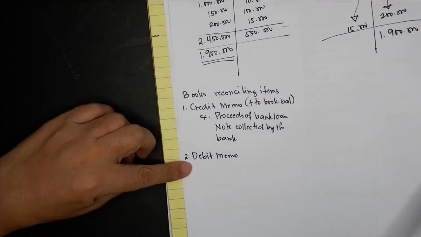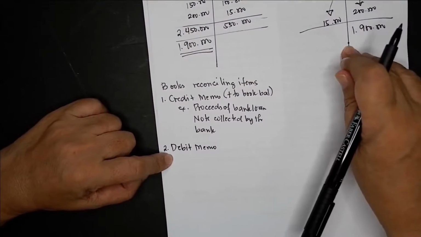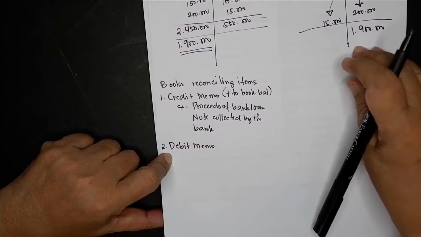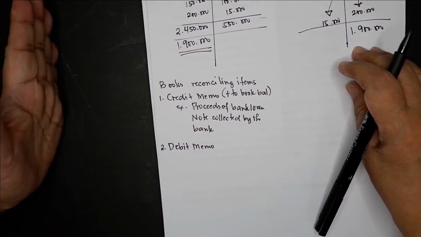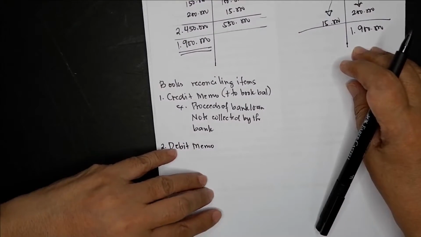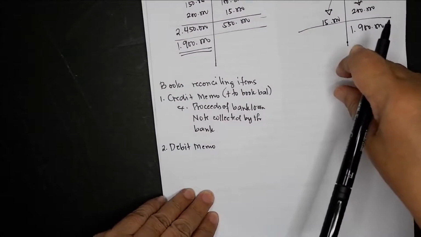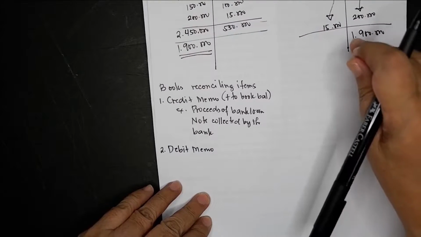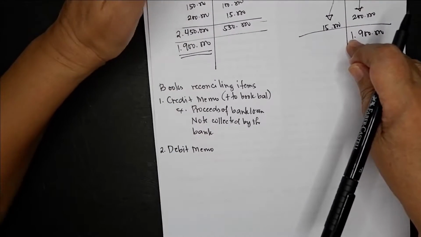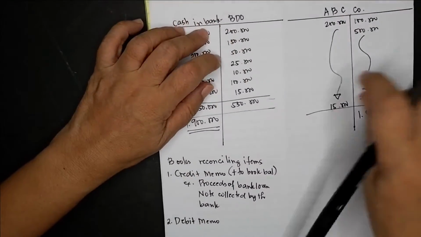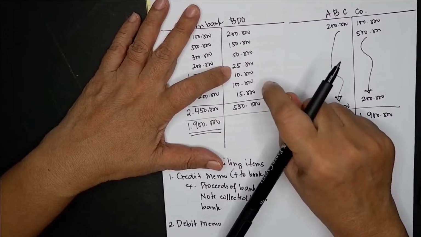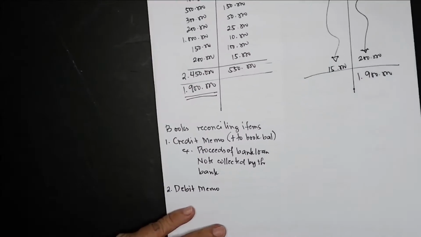So debit memo means the bank deducted an amount from our account with them without the corresponding check. It means that if they deducted cash from our account without the corresponding check, we do not have an entry. We do not have an entry on the credit side because we do not have a check for that. And what are the examples?